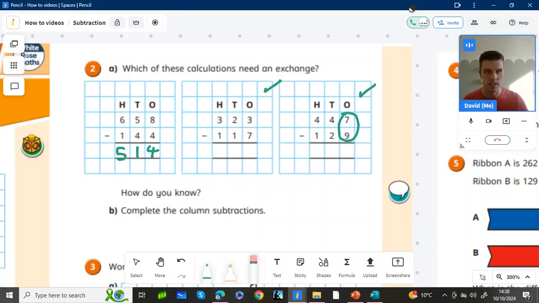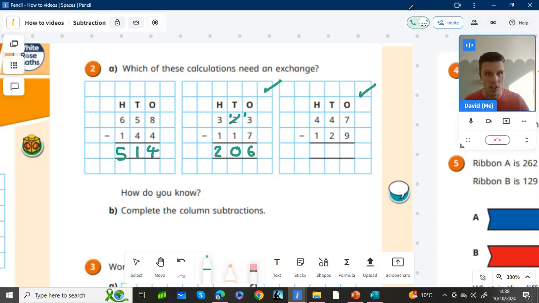Now that we've spotted that, we can answer the questions. So we're going to do an exchange. So 13 take away 7 is 6. 1 take away 1 is 0, and 3 take away 1 is 2.